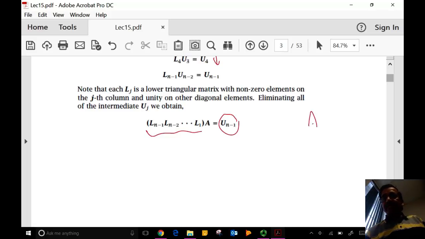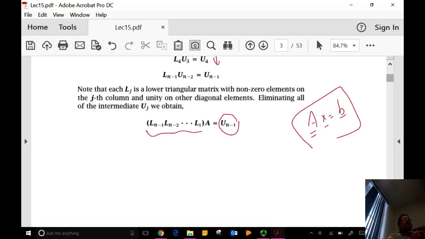But in Gaussian elimination, what we saw was you must know what the right-hand side is also before you can apply those operations to get the solution X. In LU decomposition, we don't need that. So B can be given in a different number of values for different solutions, but the decomposition of A can be done into L and U through this. So Gaussian elimination is nothing but LU decomposition, but done in the abstract without the knowledge of the right-hand side vector B.